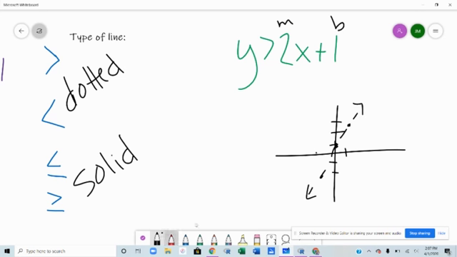Now, you're not done with this because you need your solution set. So back in 6-7, you would pick a point up here and test it, and you would pick a point down here and you would test it. And whichever one worked is where you would shade. Maybe I picked this point and it worked, so I shaded up here. And this is my solution set.